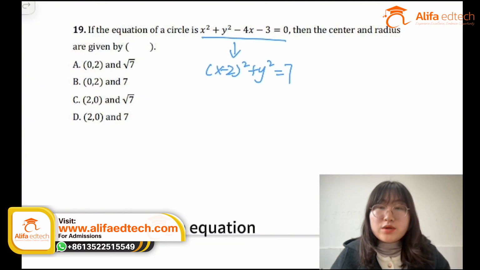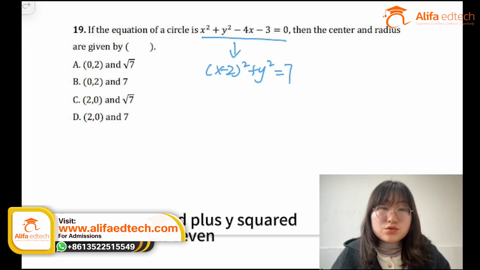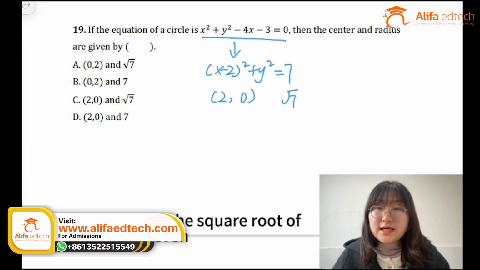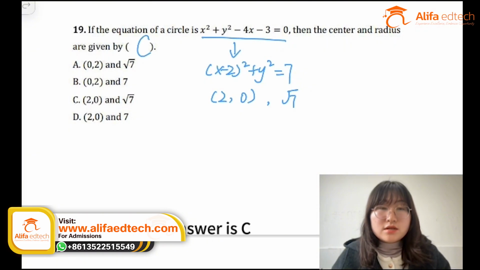Let's group the equation: (x minus 2) squared plus y squared equals 7. From this standard form, the center is (2, 0), and the radius squared is 7, meaning the radius is the square root of 7. The correct answer is C.